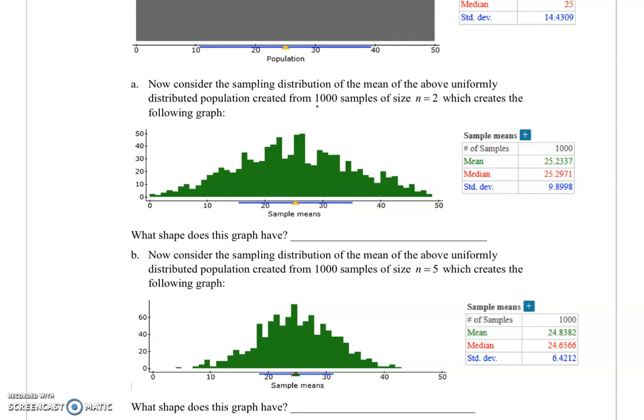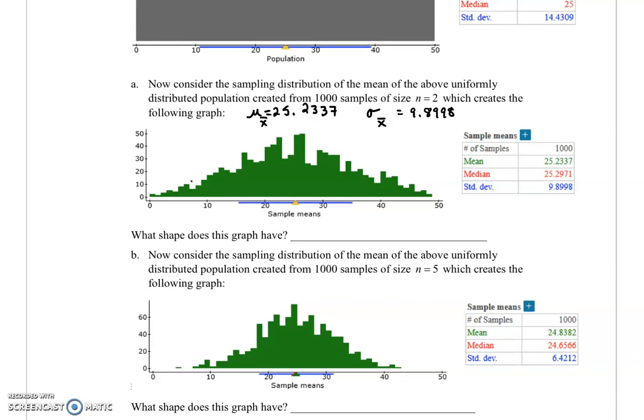So we took 1,000 samples, each of size 2, from that uniformly distributed population. So as you can see, when we graph the histogram, we get a mean of 25.2337 and a standard deviation of 9.8998.